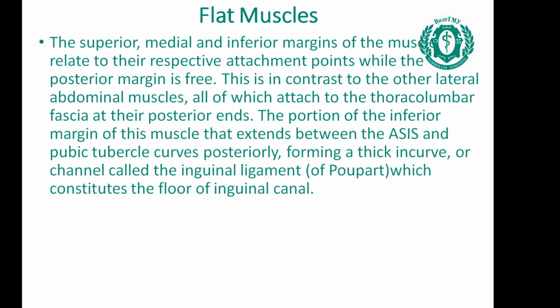The portion of the inferior margin of this muscle that extends between the ASIS and pubic tubercle curves posteriorly, forming a thick curved band called the inguinal ligament of Poupart, which constitutes the floor of the inguinal canal.